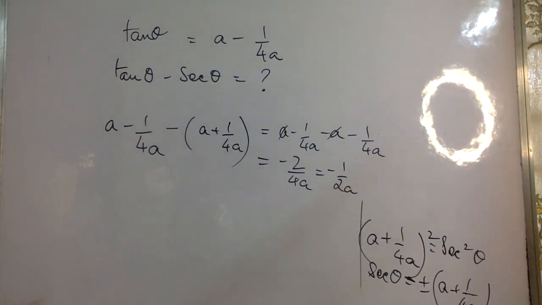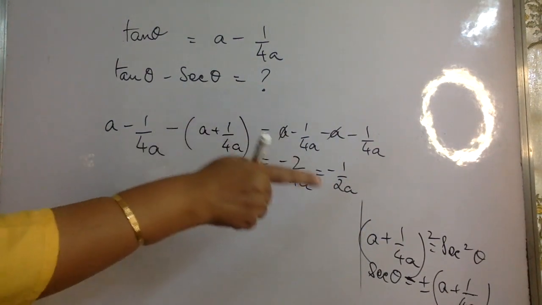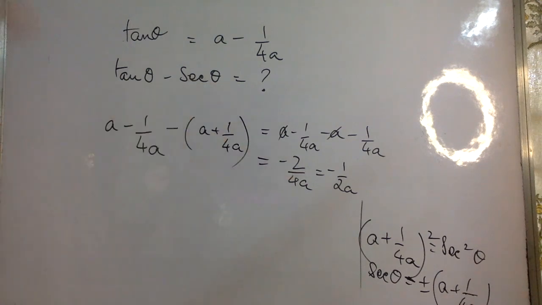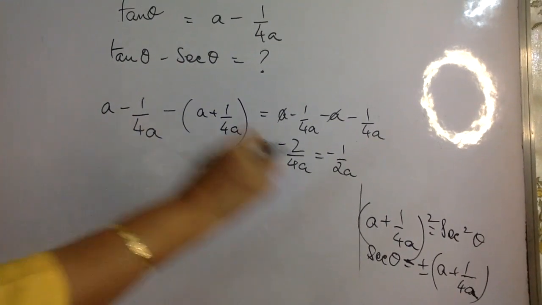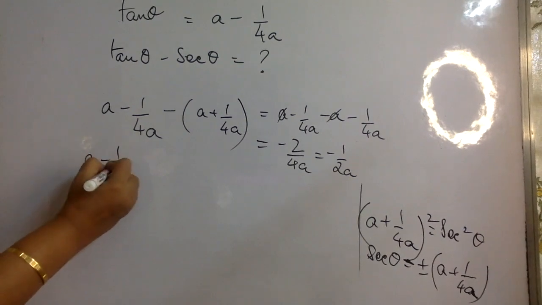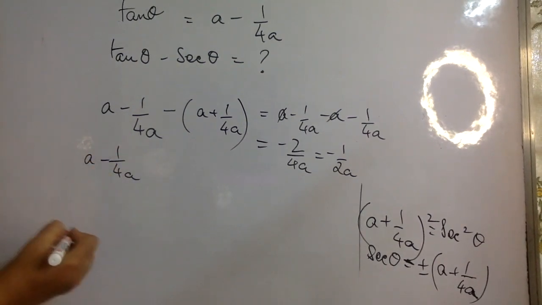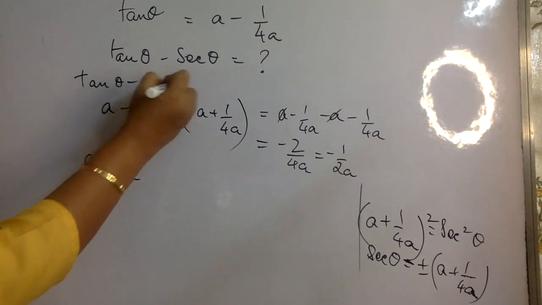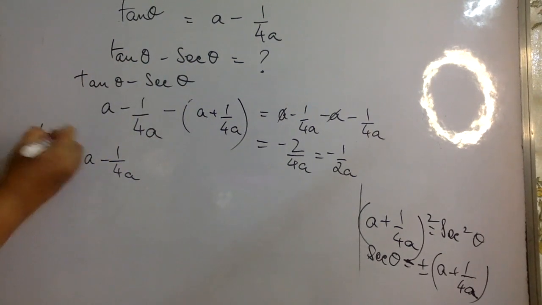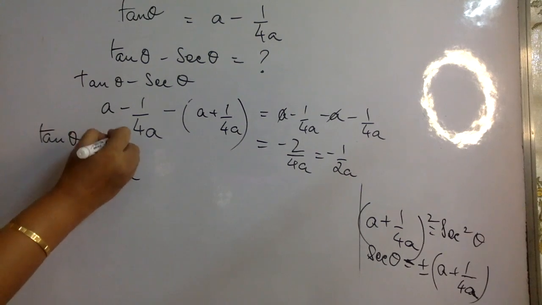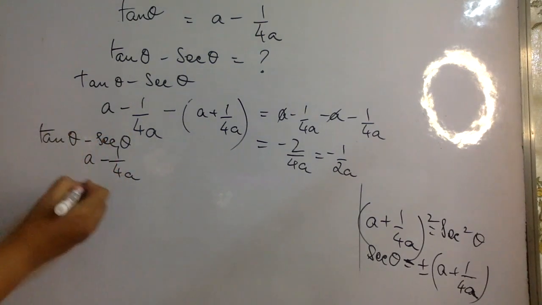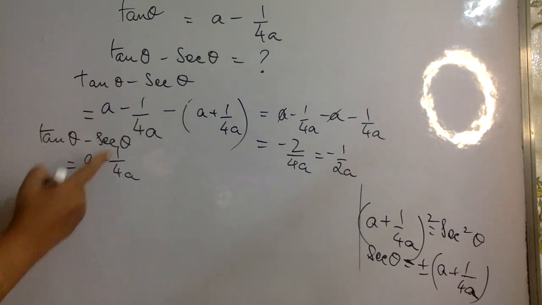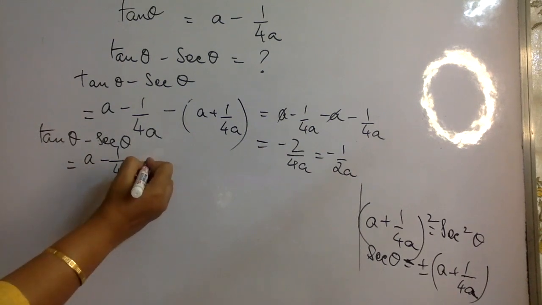Okay, let me come to the next one where I am going to use the minus one of the sec theta value. So a minus 1 by 4a. Okay, so this is again tan theta minus sec theta happening all the time. Don't lose track. So this is tan theta written.